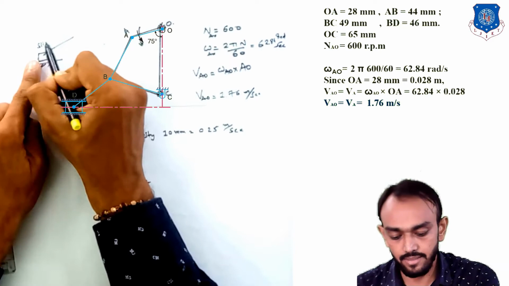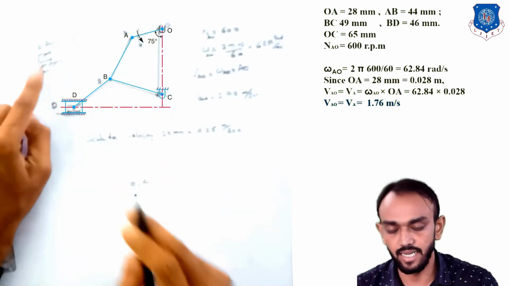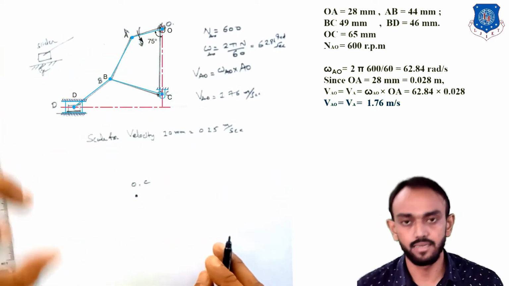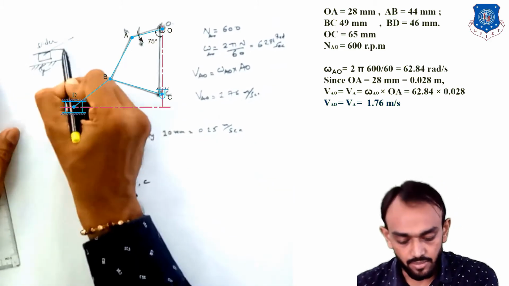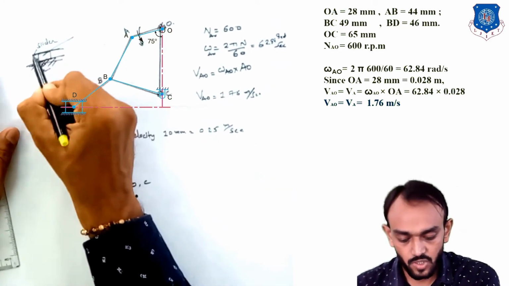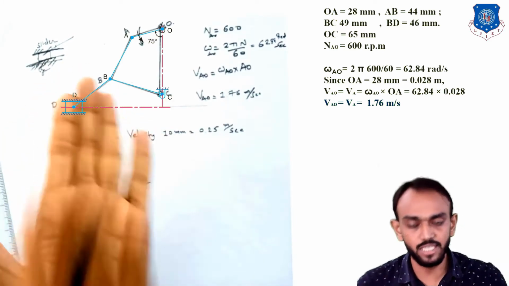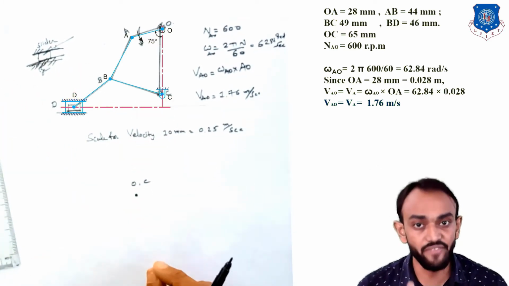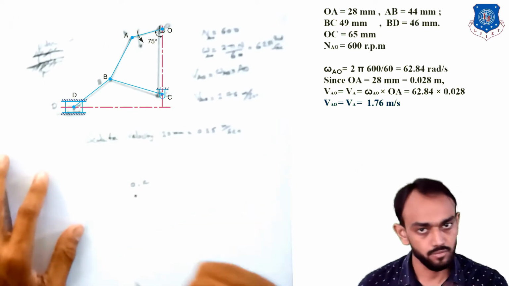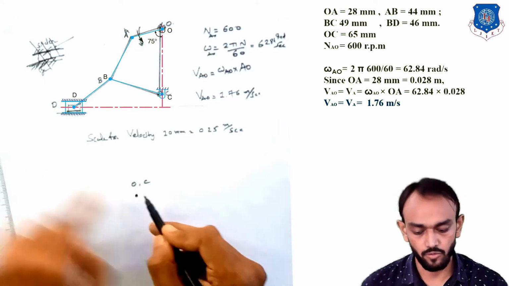This is the slider and this is the cylinder. But in the book, what they present is like this. They are indicating that this D slider is sliding between these two surfaces. D is not fixed there. It is sliding. Okay, so O and C will be on the origin point.